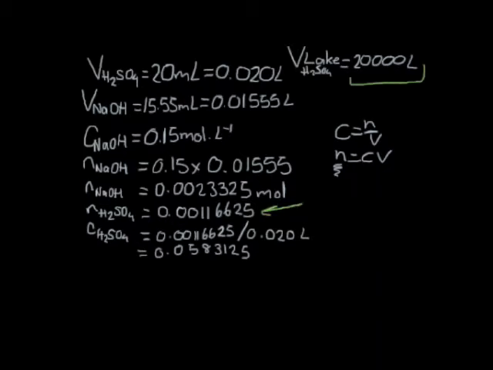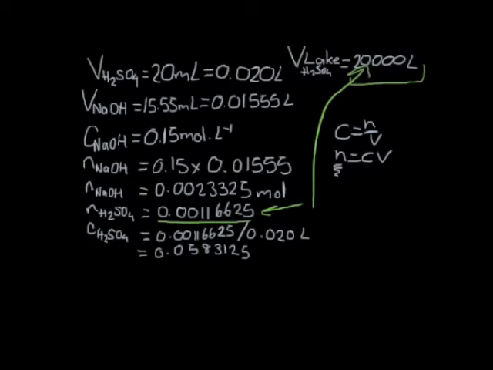Now I know that the number of moles of H2SO4 in 20 mils was this. I now need to know the number of moles in 20,000 litres. So have a bit of a think about what I need to times that by. Alright, so hopefully you've had a chance to have a bit of a think about that.